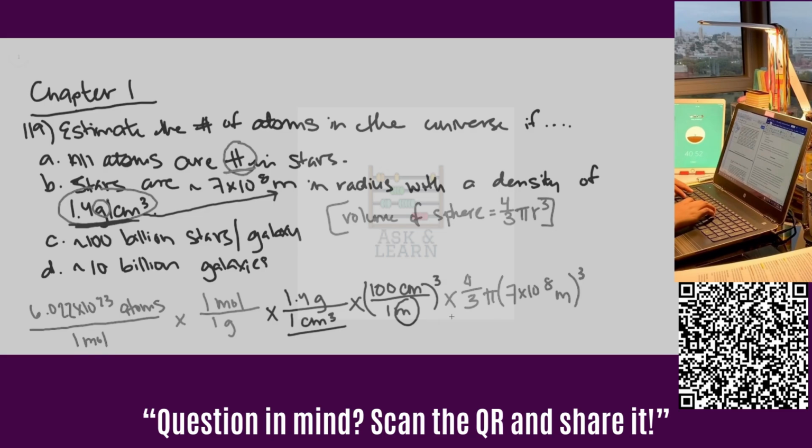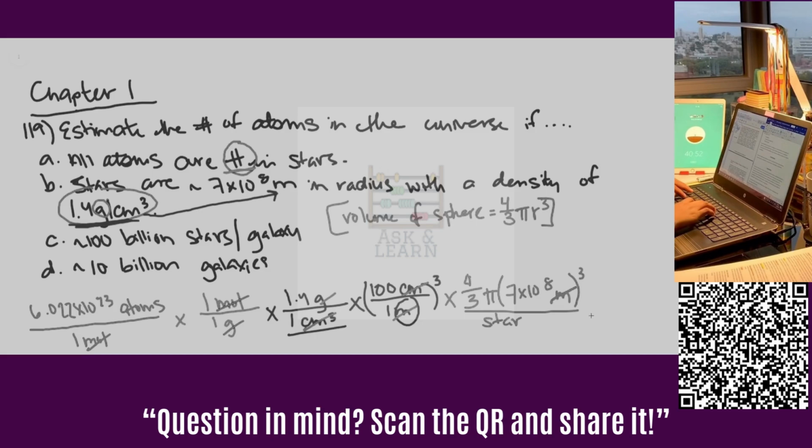So that gives the volume per star. Now we've essentially calculated the number of atoms per star by canceling out each of these units.